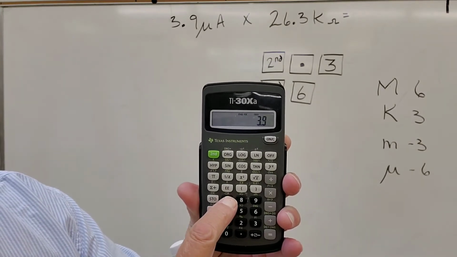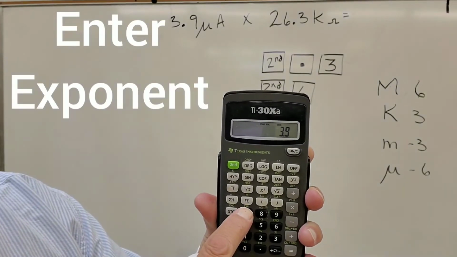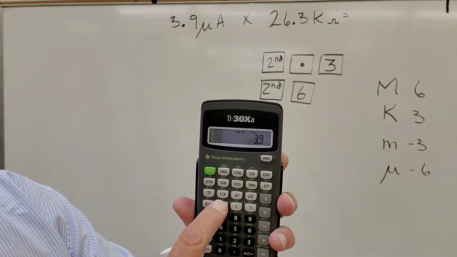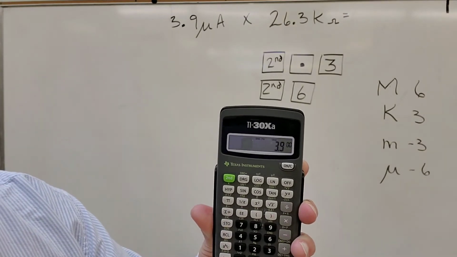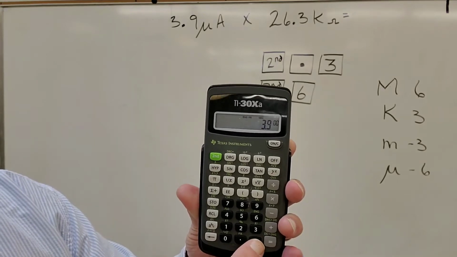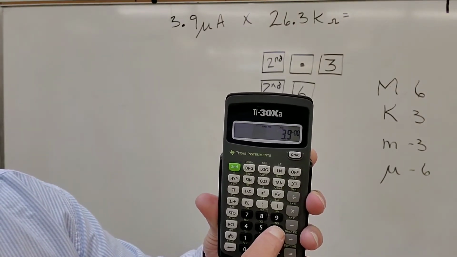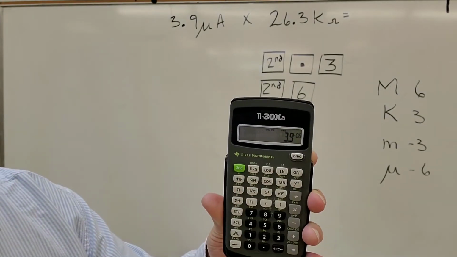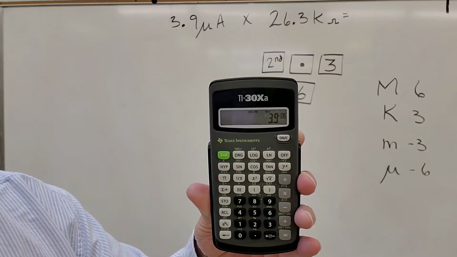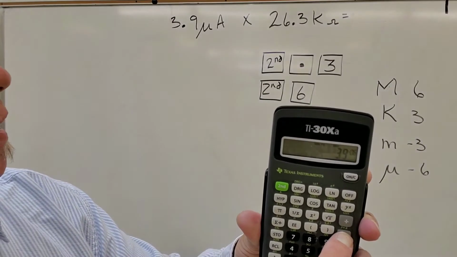That EE key stands for enter exponent. Enter exponent. So I got the 3.9, so I'm going to enter my exponent. Little zeros pop up. And micro is -6, so I'm going to hit the little negative button down here along with the 6 key.